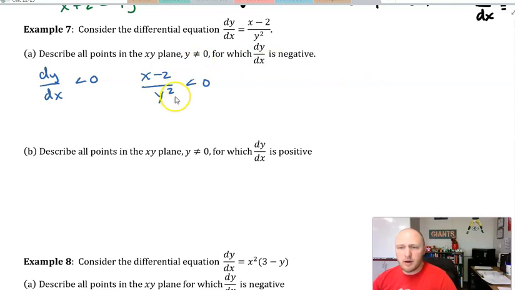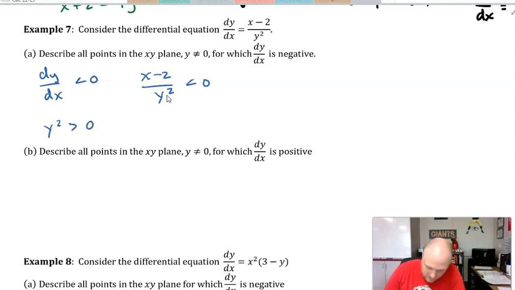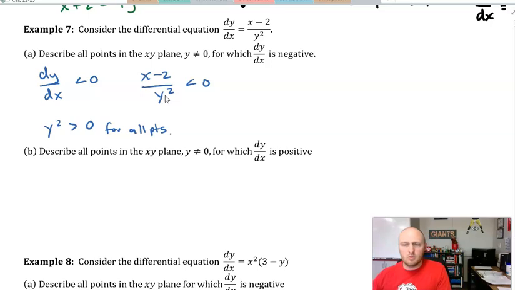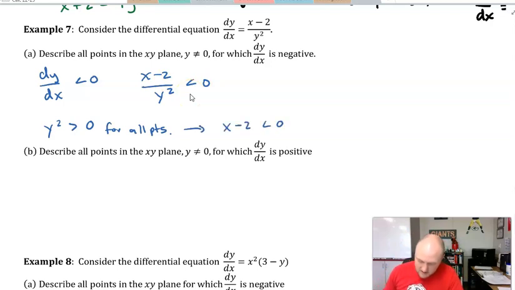And if you know anything about powers of 2, that makes the denominator always positive. y squared is greater than 0 for all points. Doesn't matter what y is, that will always be positive. Well, in order for this whole thing to be negative, this means that x minus 2 must be less than 0. Okay, so what does that mean?